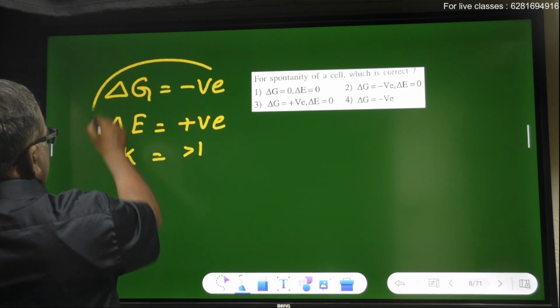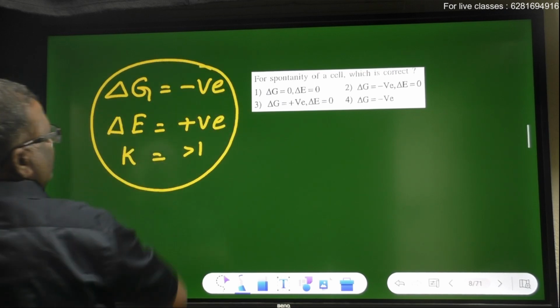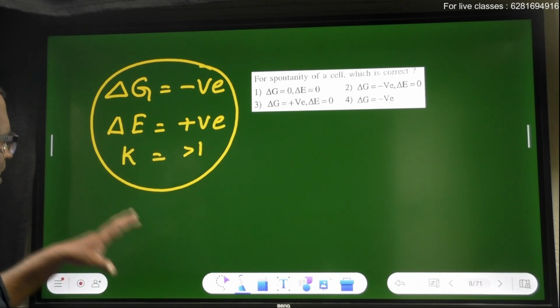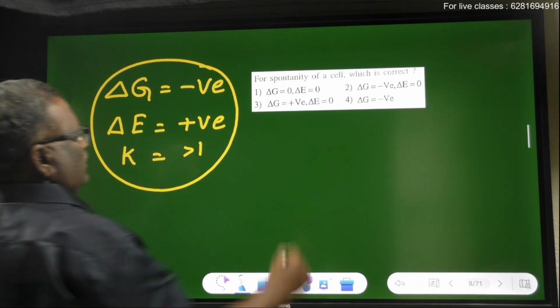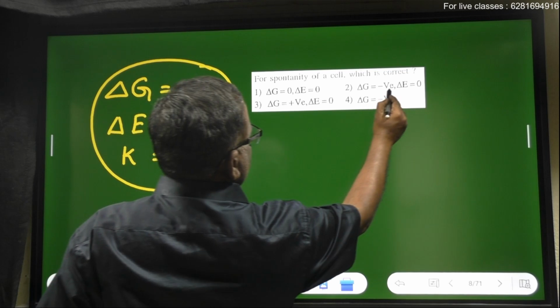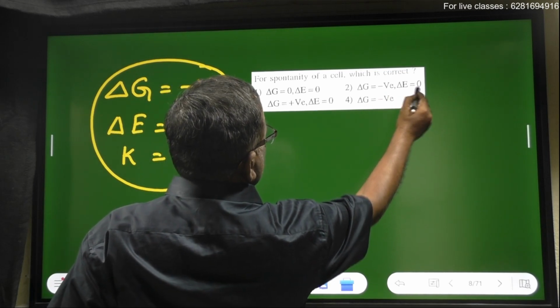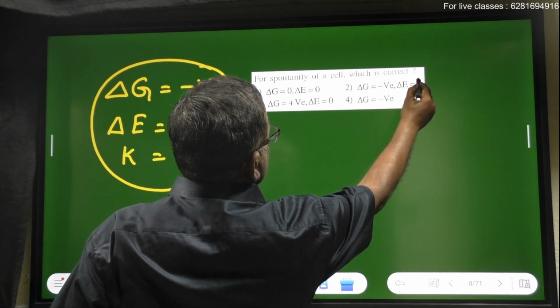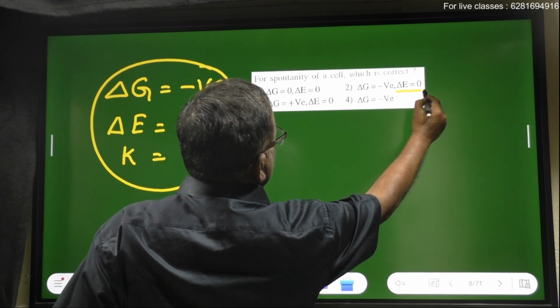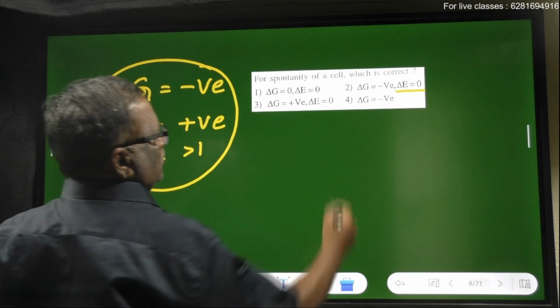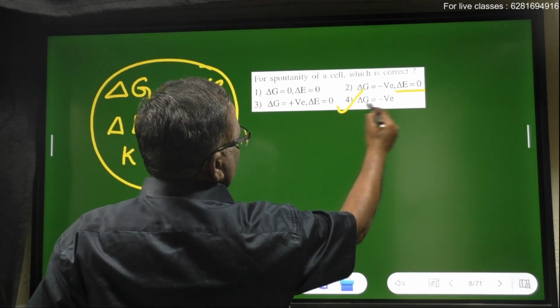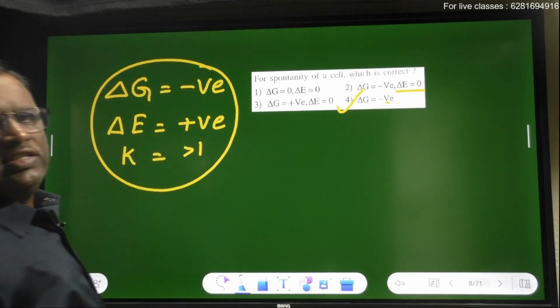These are the required conditions for the spontaneity of the cell. Now here in these options, delta G is negative but E is equal to 0. For a spontaneous cell, E should be positive. So in the fourth option, only delta G is given. So delta G is negative.